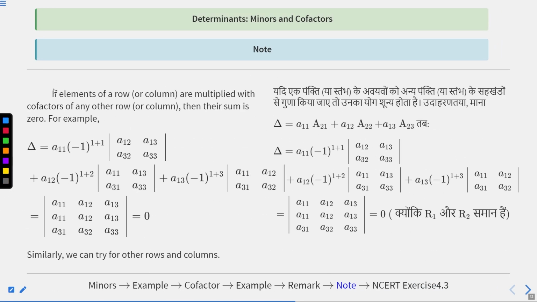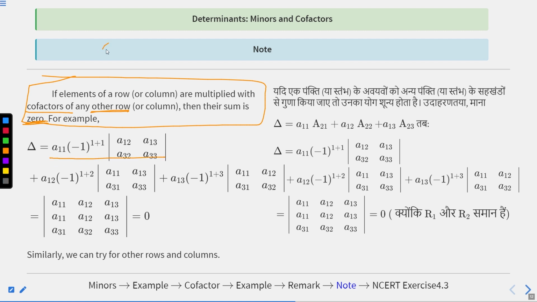Note: if elements of a row are multiplied with cofactors of any other row, then their sum is 0. Its sum is what? 0. So through an example, we will see what this is. Suppose your determinant in case of a 3 cross 3 matrix is like this.